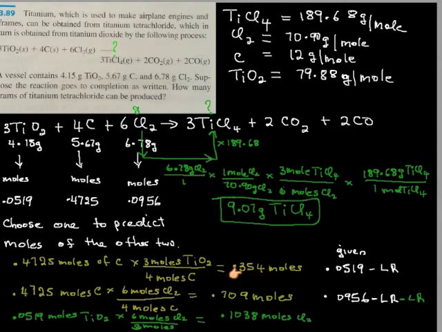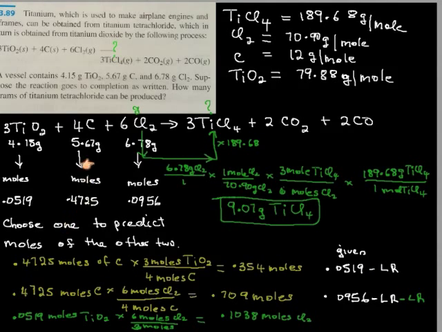And my final answer is that if I had 0.4725 moles of carbon, we predict that we will need 0.354 moles of titanium dioxide. We're actually given 0.0519 and we need that much, so we immediately know that we're short. So the given value is less than the predicted value. So we will call this a limiting reagent.